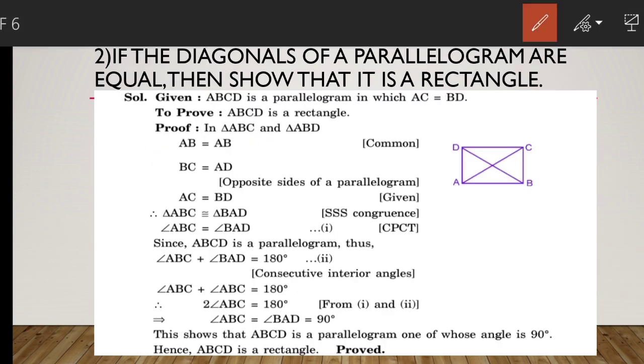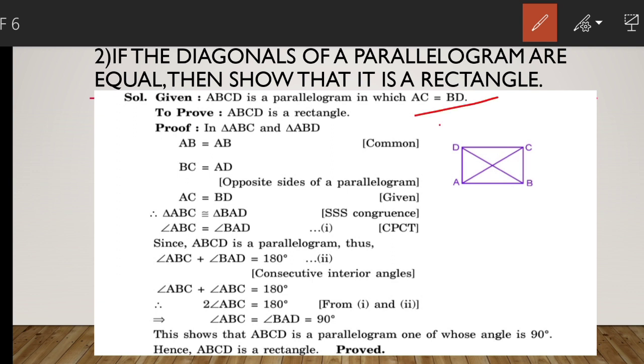The second sum says: if the diagonals of a parallelogram are equal, then show that it is a rectangle. If we follow the diagram, ABCD is a parallelogram. So given is ABCD is a parallelogram in which the diagonals are equal, that is AC is equal to BD.